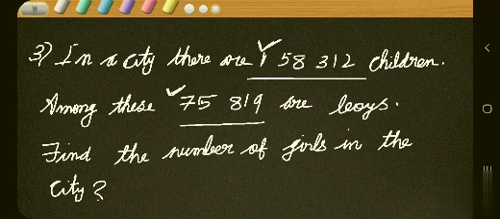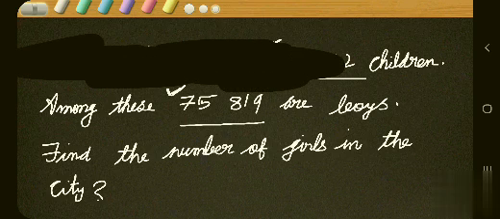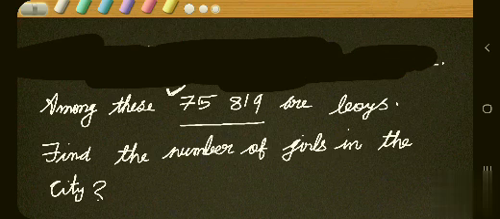So let's try to answer. Okay, please try to say the first step. What is our first step? Number of children in a city, or simply we can write number of children.